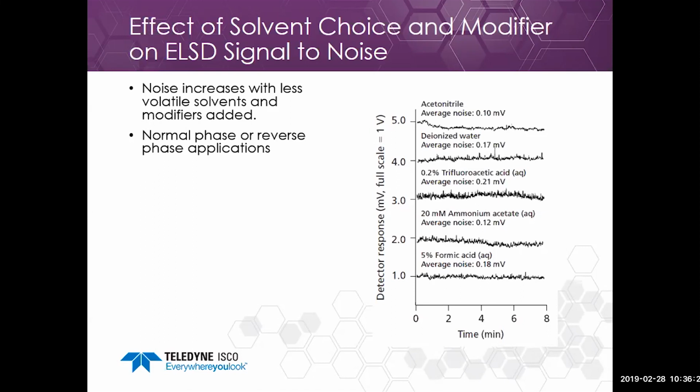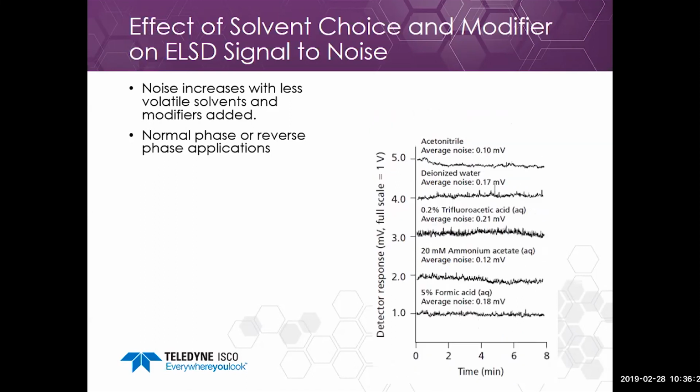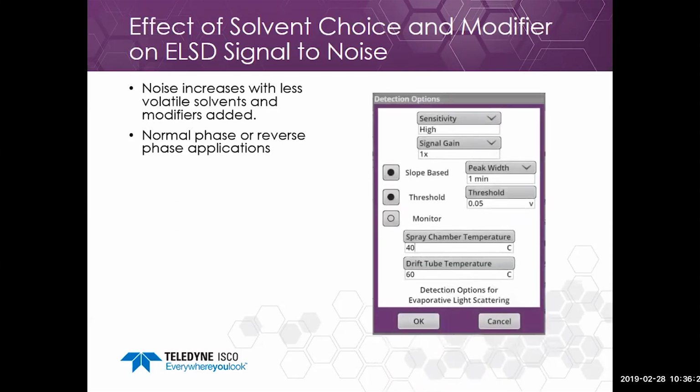to maximize your sensitivity. One of the ways you can do this is we can control the sensitivity in the detection options for the ELSD. We can choose to do high or normal sensitivity. If you're working with more semi-volatile compounds, and maybe in a reverse phase system, then I would choose high sensitivity.